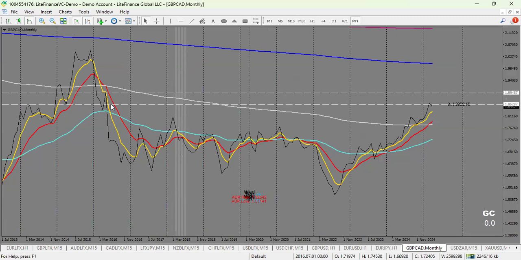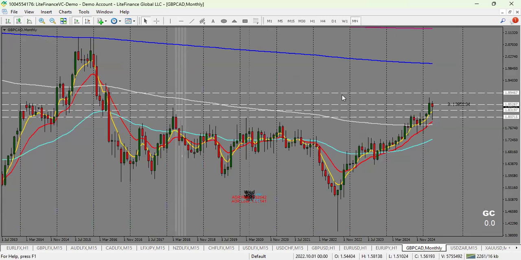So these are the support and resistance zones. So price formed this support here. So this here is equal. So this was an area of support that was formed.